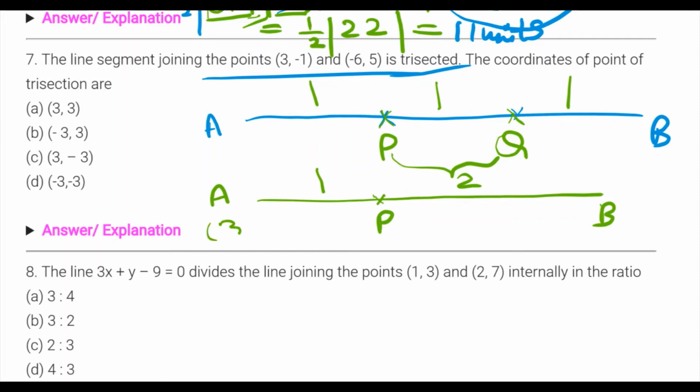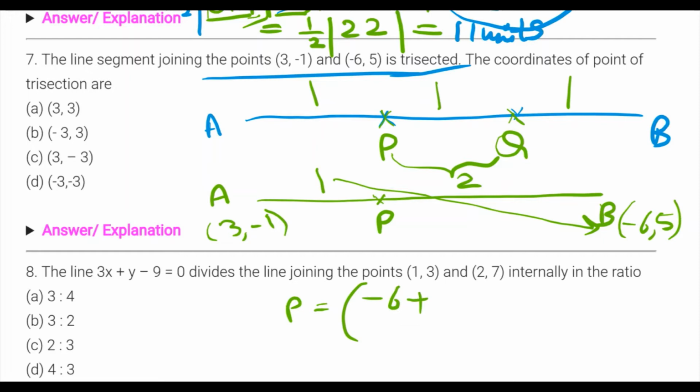A is given as 3, -1, and B is given as -6, 5, and we need to find the coordinate P. So apply the section formula for finding the P. So P will be equal to m into x2, that is 1 into -6, so 1 into -6 is -6, plus n into x1, so n into x1 is 2 into 3, which is 6, by m plus n, which is 3 here. But this is becoming 0. In our options there is no 0 at all. So P is getting coordinate as 0.